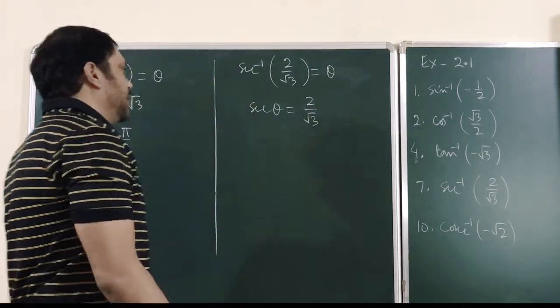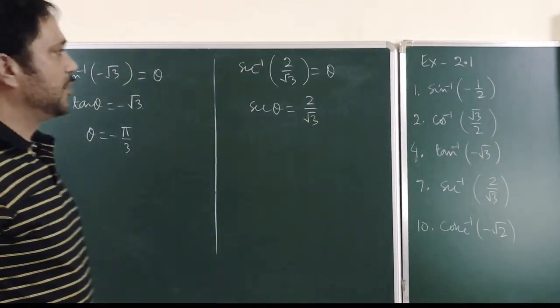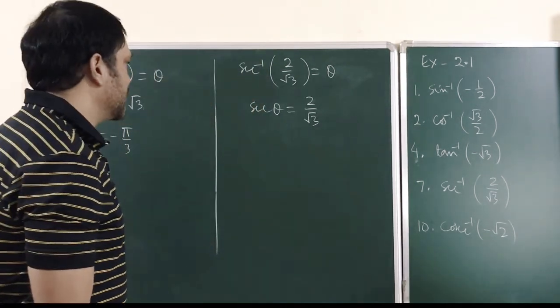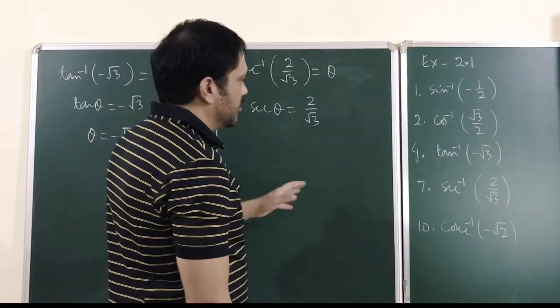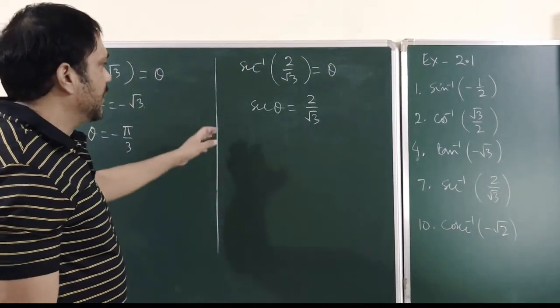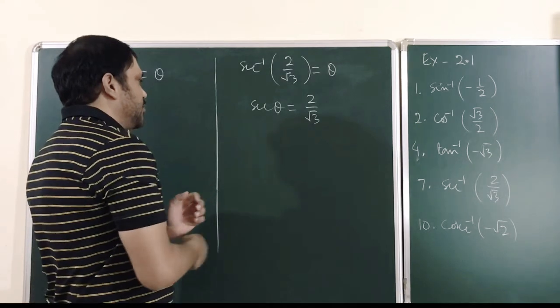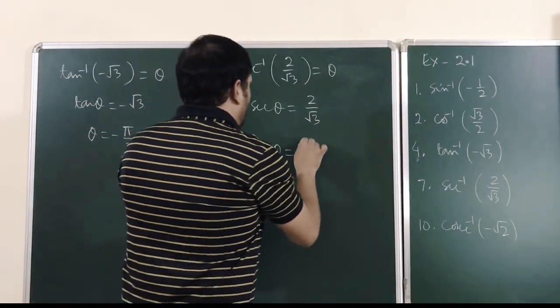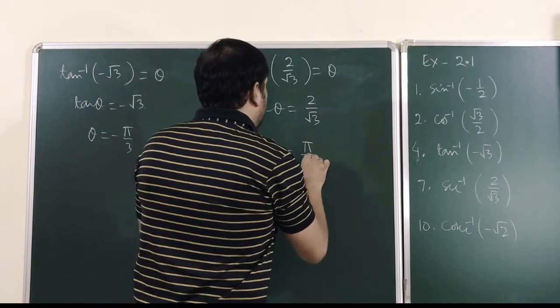Sec theta 2 by root 3 means cos theta root 3 by 2. We have just done that, and these two give the same answer. I will be explaining this also: cos inverse of x can be written as sec inverse of 1 by x. So sec theta is equal to 2 by root 3. That means theta has to be pi by 6.